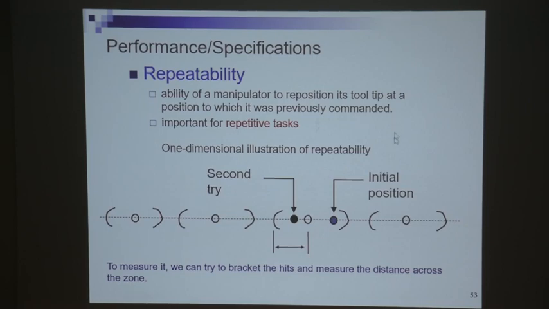In this case, this is the point you're supposed to reach, then your initial position, and then your second try, and so on. To measure the repeatability, you can blanket the hits, count how many hits are within the blanket, and measure the distance across the zone. This will define your repeatability.